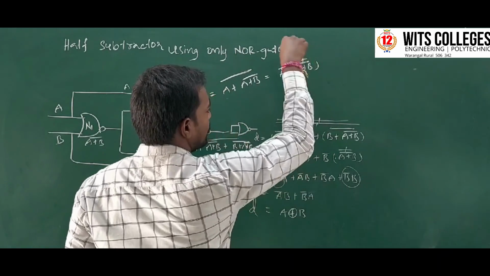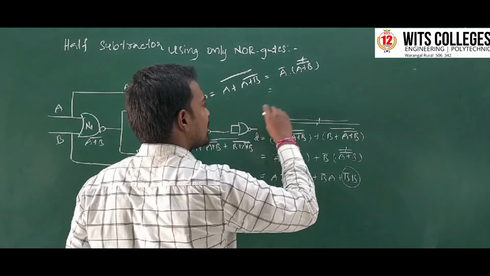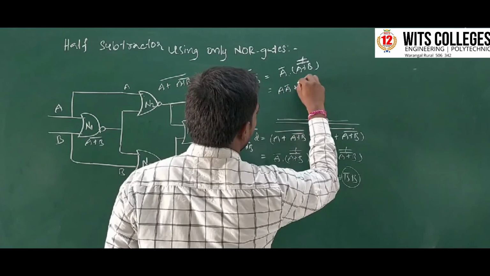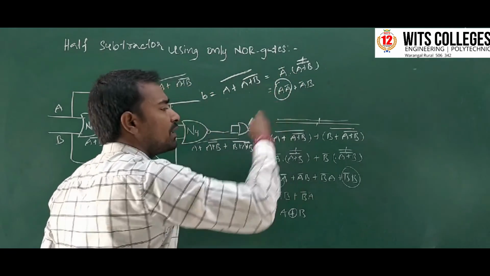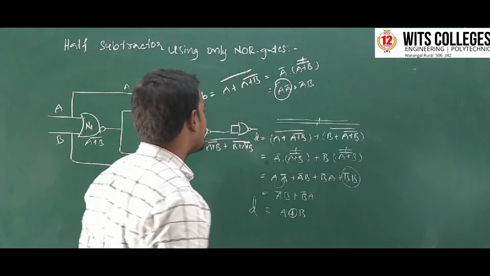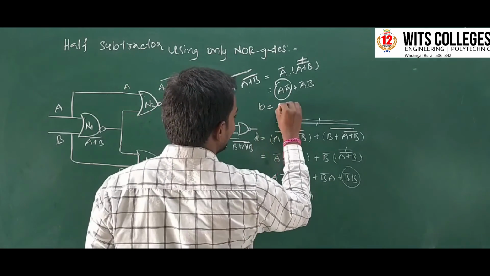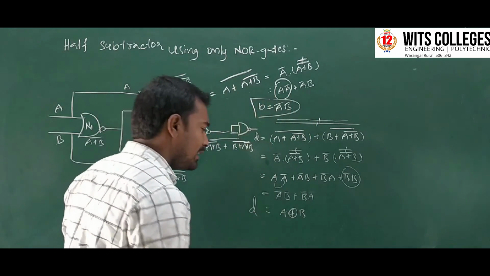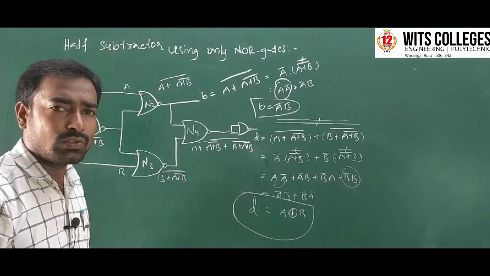And here the two complements are cancelled and multiplied with each other, then we will get A into A bar plus A bar into B. So this term will become 0 because A into A bar is equal to 0. So finally we get the output borrow equal to A bar into B. Okay, and the difference D is equal to A exclusive OR B.